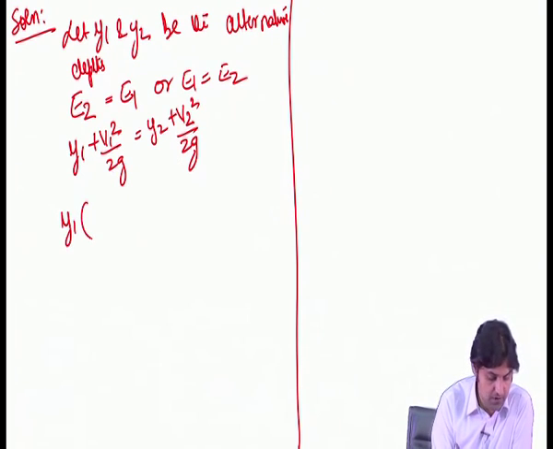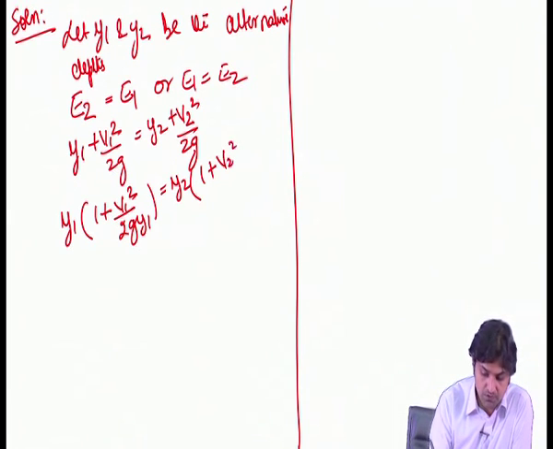We will take y1 common. So it will become 1 plus v1 square by 2g y1, multiplied by y1, is equal to y2 times 1 plus v2 square by 2g y2.